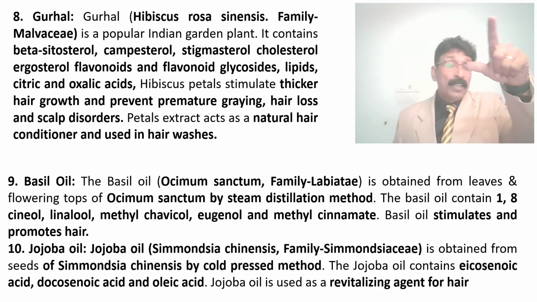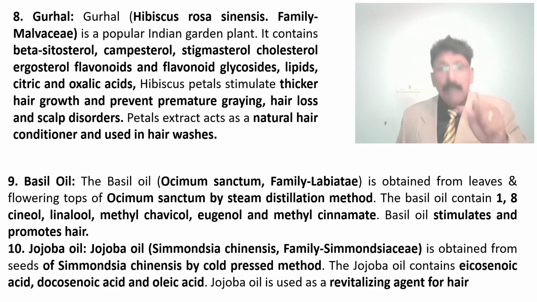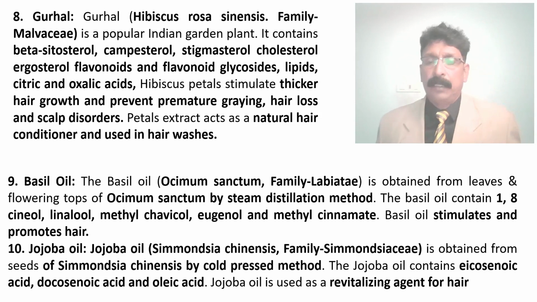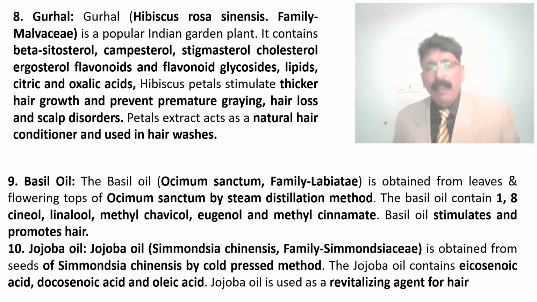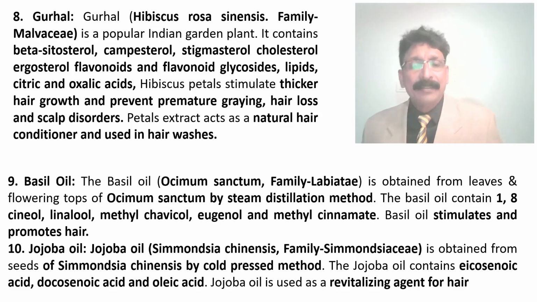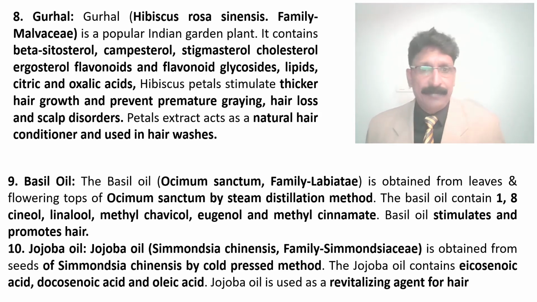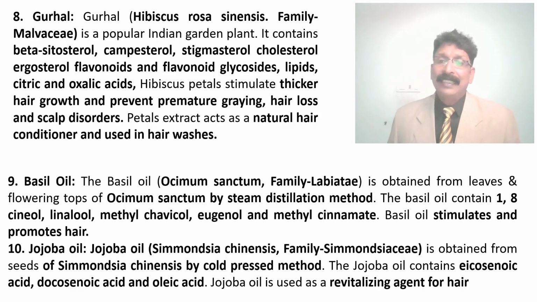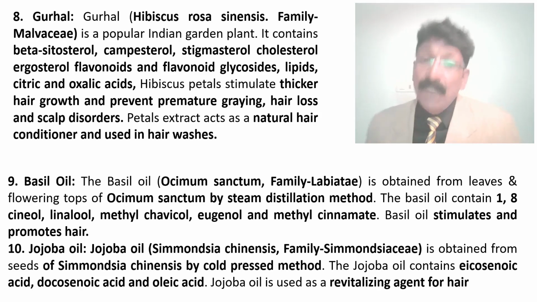Basil oil is by distillation, jojoba by cold press method. The jojoba oil contains eicosanoic acid, docosahexaenoic acid and oleic acid. Jojoba oil is used as a revitalizing agent for hair.